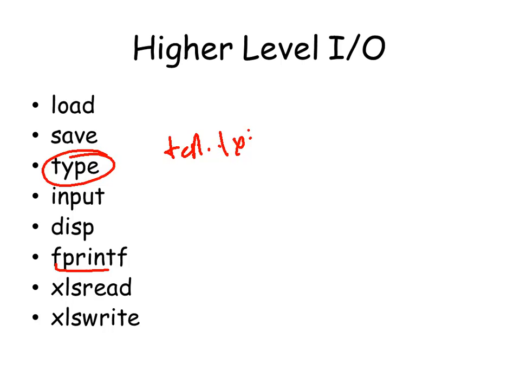And we will see fprintf can be used to print into the files. xlsread and xlswrite will read from an Excel sheet and write into an Excel sheet. But you may need to have Office or the appropriate toolbox installed for this. In the past, students have had trouble using these two functions on Macs.